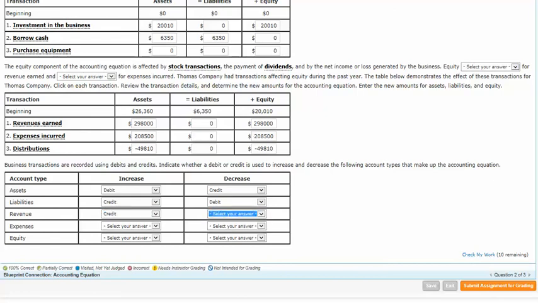Revenue would decrease with a debit. Expenses decrease our equity, and to decrease our equity, which is on the right side, it's going to be a debit. So expenses actually increase with a debit because it's decreasing our equity, and they would decrease with a credit. Our equity, of course, will increase with a credit and decrease with a debit.